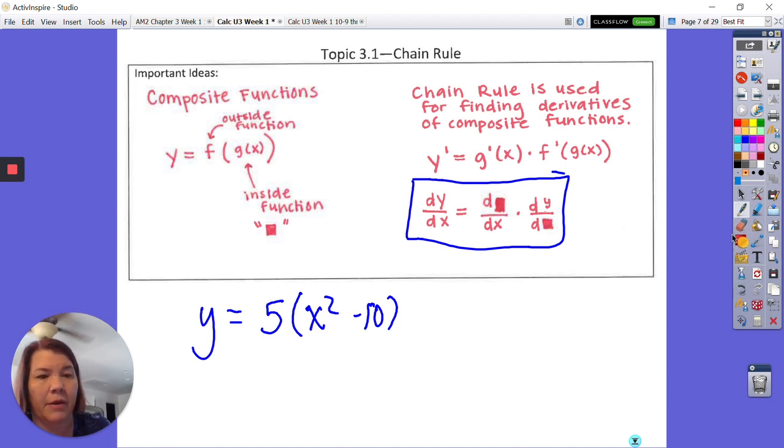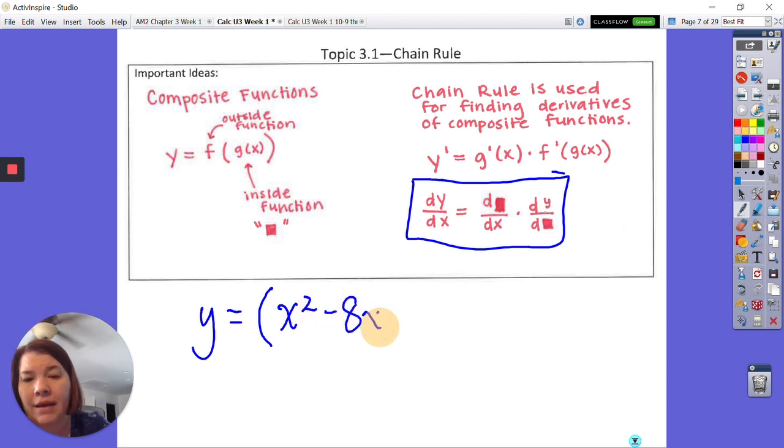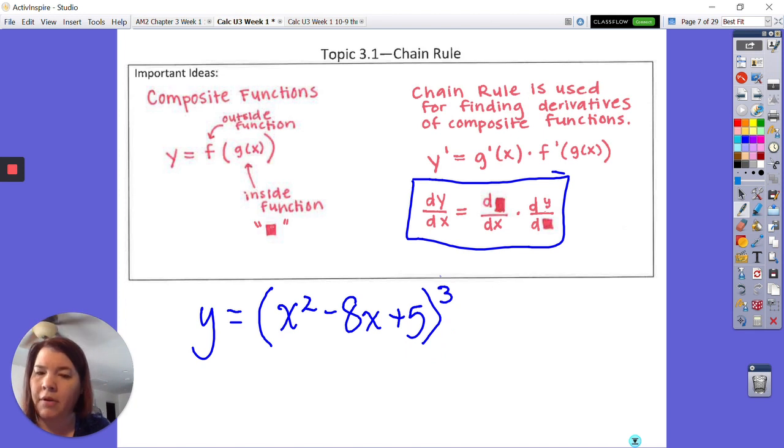I don't like this function I made up. Instead, let's say we have x squared minus 8x plus 5, quantity cubed, and I want to take the derivative.